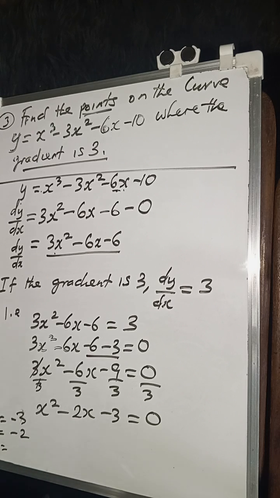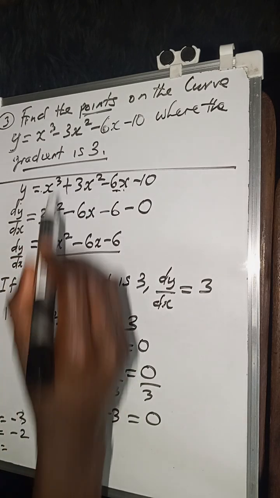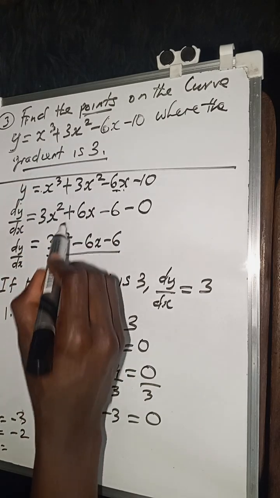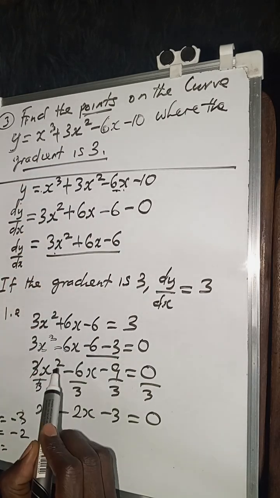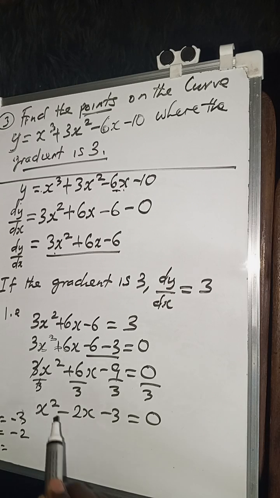So what are those numbers that when you multiply, they'll give you negative 3, and when you add, they'll give you, in this case, oh, sorry, here it was a positive 2 there. Thank you so much.